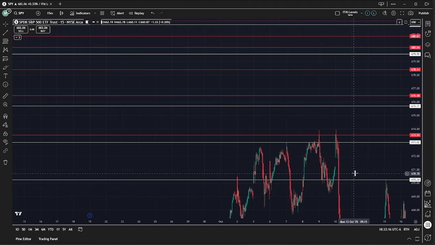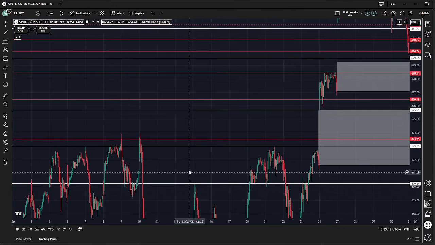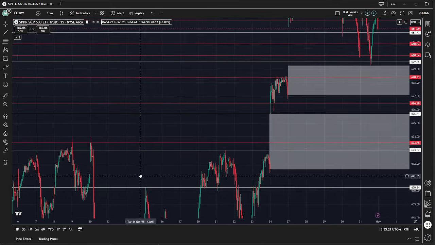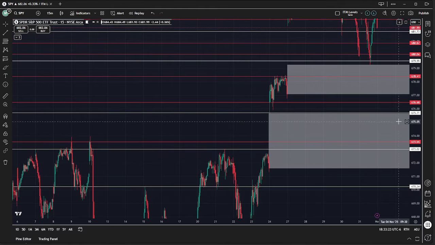Not too many levels to base this off of either. So below 675.71, I'm gonna be looking at a retest of this FVG over here, most likely between 673.55 to 673.02. Below 673.02, we get the remainder of this gap filled out.